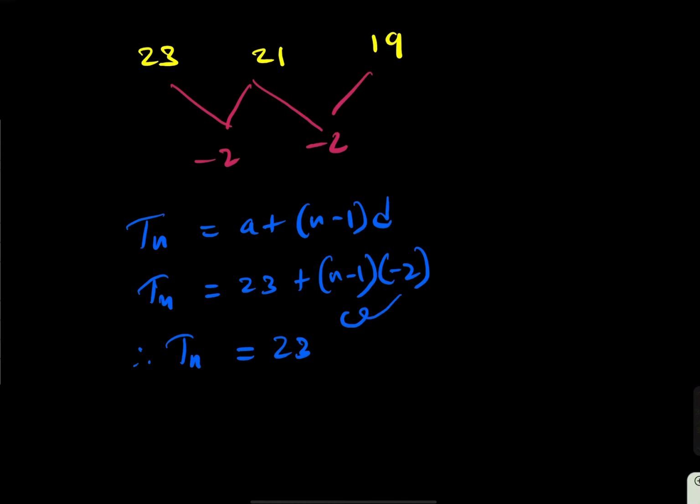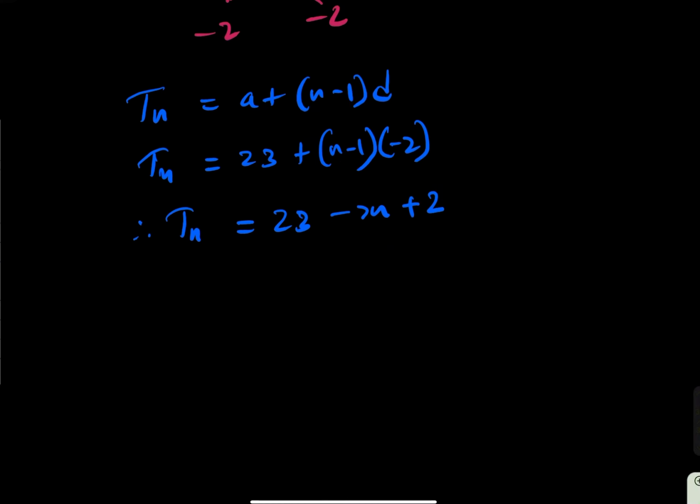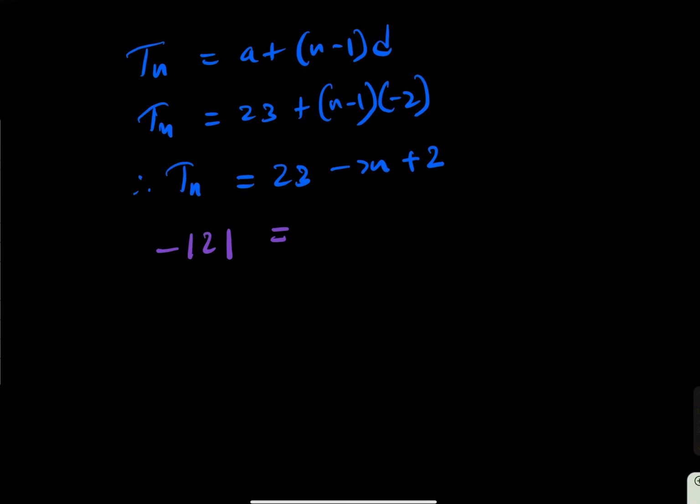If you multiply throughout by negative 2, this will be negative 2n and positive 2, because of negative and negative. You'll see that this particular Tn is going to be equated to negative 121, and that is equal to these two. When you add them, they give you 25 minus 2n.